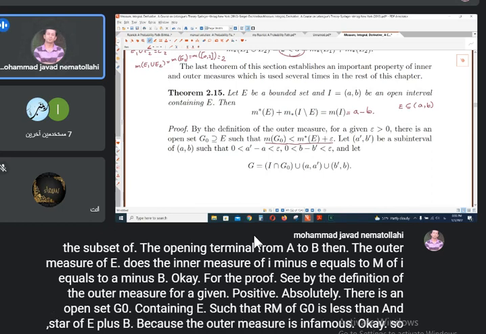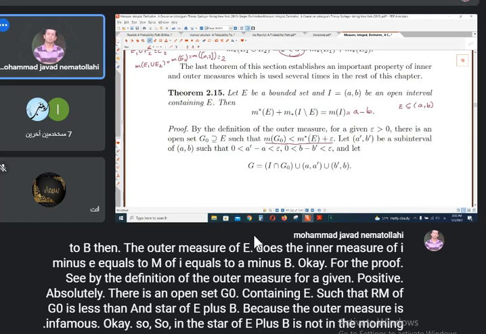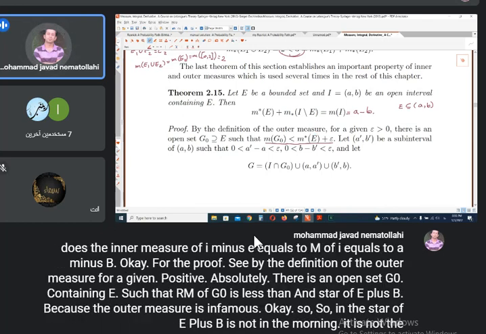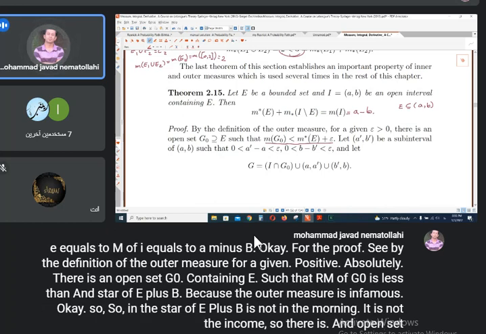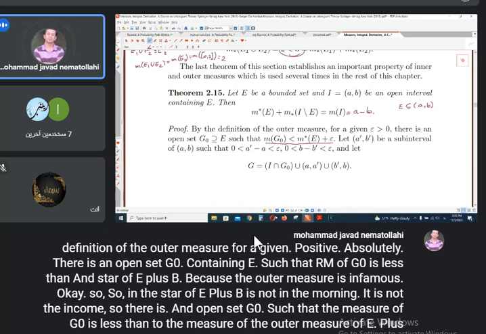So m star of E plus epsilon is not the infimum. So there is an open set G0 such that the measure of G0 is less than the outer measure of E plus epsilon.